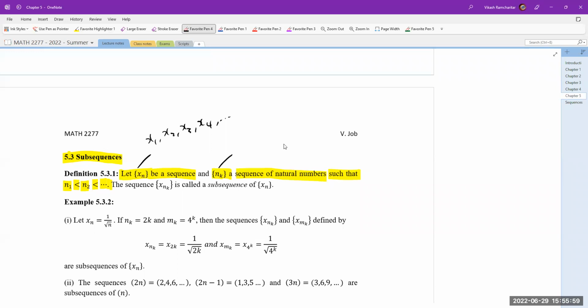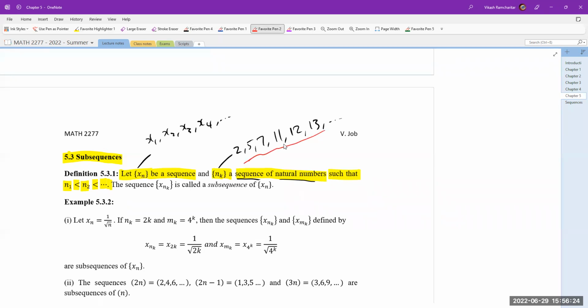I'll give you an example of what this might be. This might be like 2, 5, 7, 11, 12, 13, something like that, right? It's a strictly increasing sequence of natural numbers. Now you might be wondering, what is this sequence I just wrote?